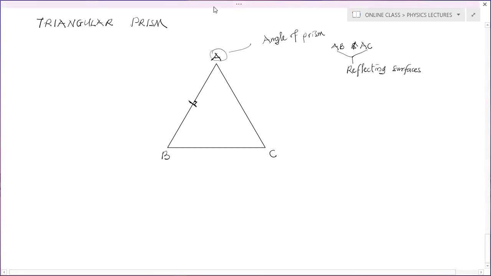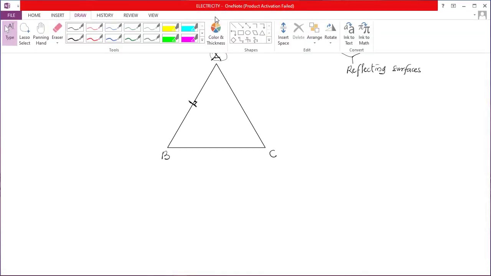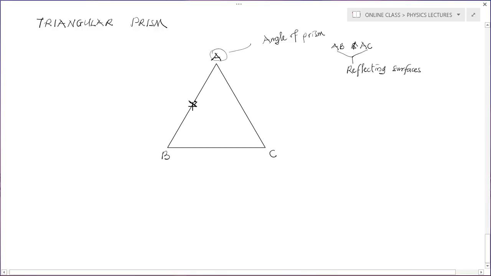Now, a ray is coming from somewhere. Let's say the ray is coming from here. I don't like the direction. The ray goes to this junction.